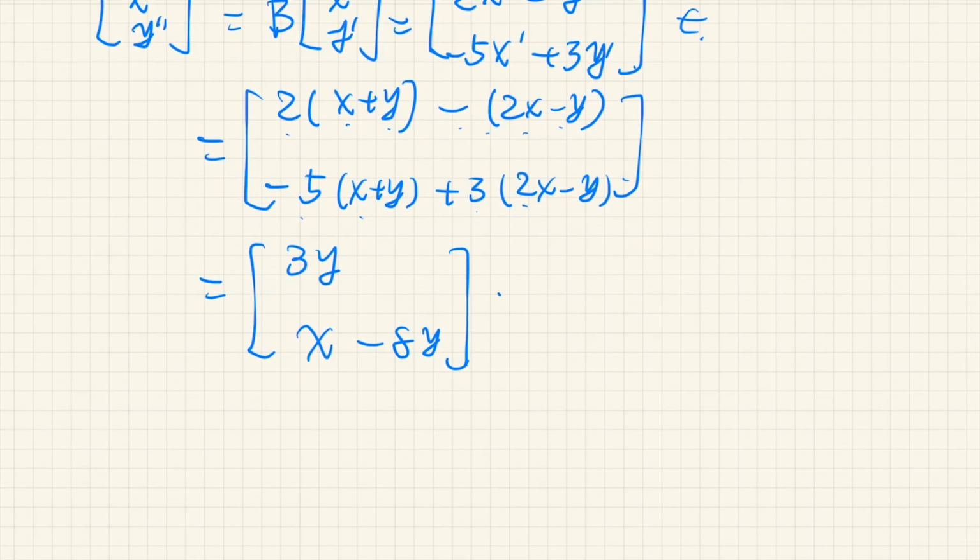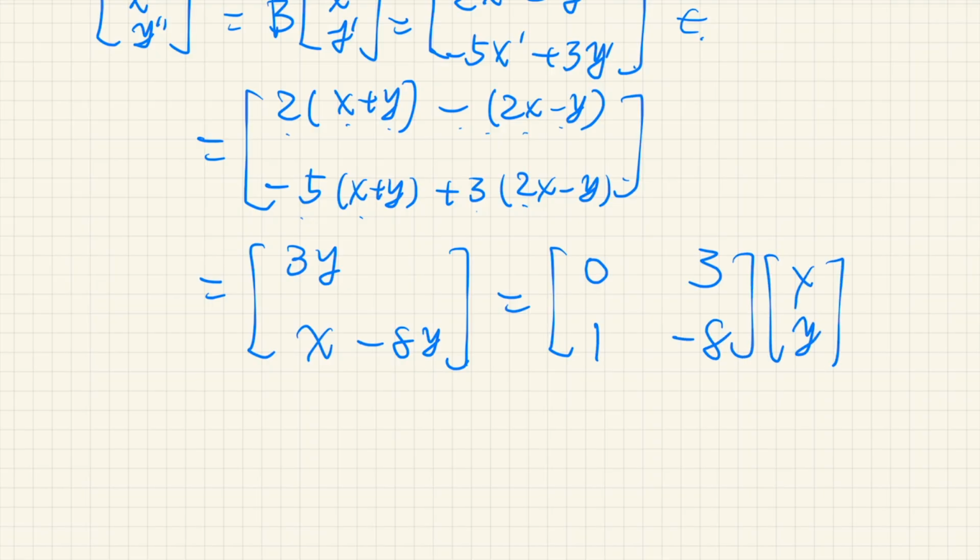So in the matrix form, this would be [0, 3; 1, minus 8] times (x, y). So this would be the matrix product B times A.